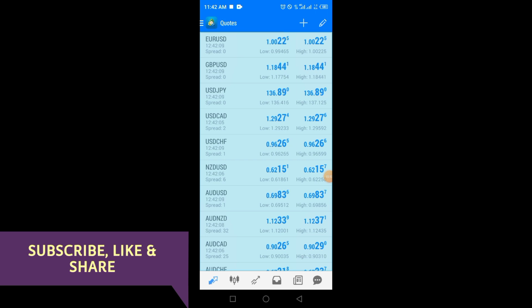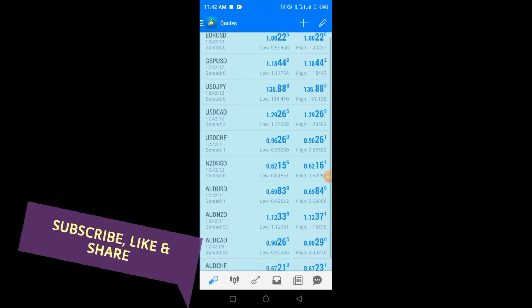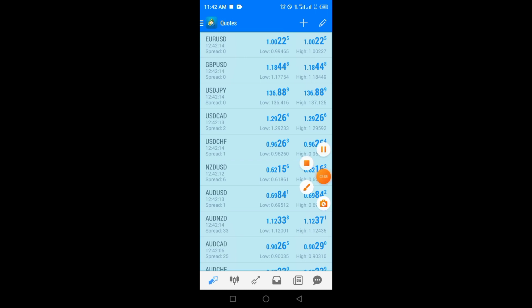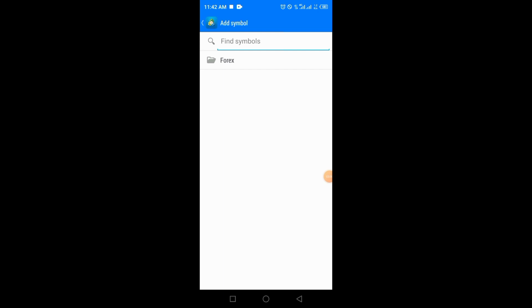So in case you couldn't find one on the quote features, you are going to add the currency pair manually yourself. All you need to do is to tap on this icon if you want to add a currency pair. Once you tap on that icon, you'll be able to search for the currency pair. Let's say, for instance, I want to add this currency pair that is not listed on the quote feature, like GBP JPY.